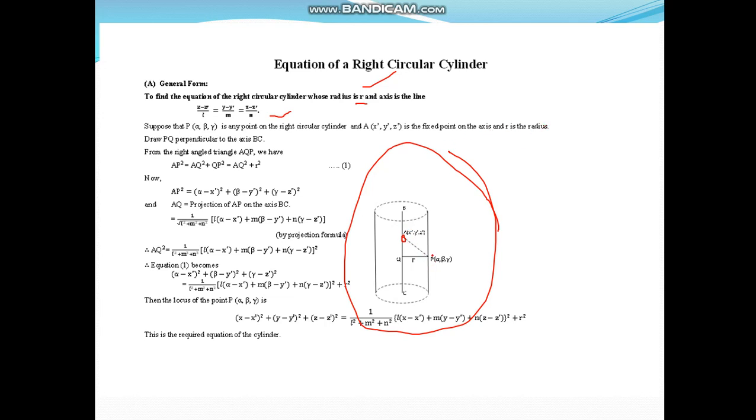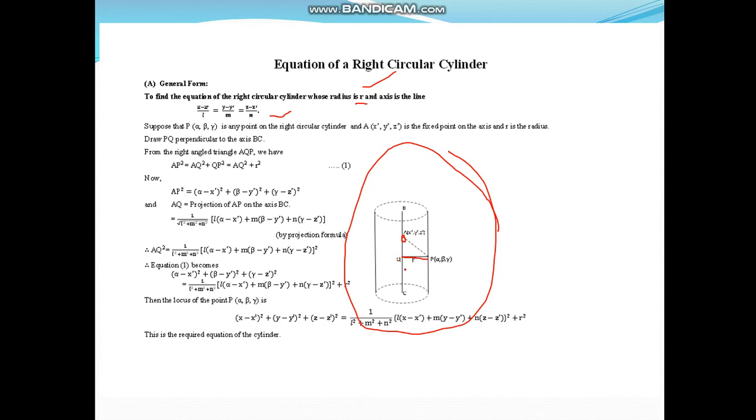Draw PQ perpendicular to the axis BC. So from the right angle triangle AQP, by the theorem of Pythagoras, AP square equals AQ square plus r square.